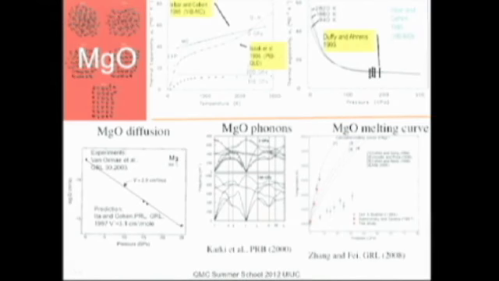And so you really can't think of MgO as being just classical spheres of charge. But we can calculate quite sophisticated properties of MgO with DFT and get very good agreement with experiment, even predicting properties that had not yet been measured.